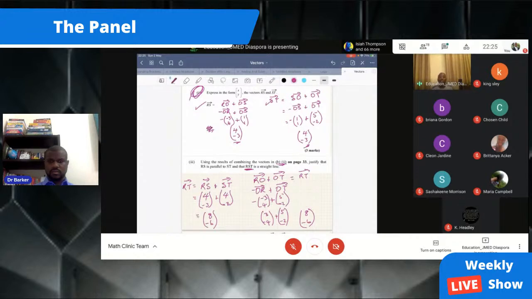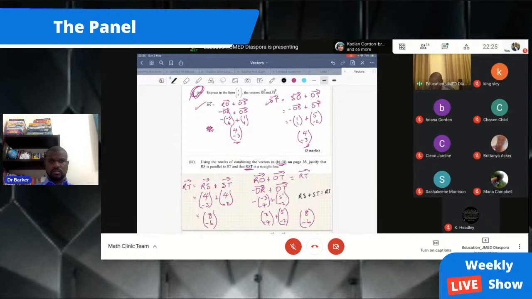But the important thing is not just this. It is stating the collinearity. And the collinearity is saying to us that we want to say that the line segment RS, I'm going to write this in a different color, RS plus ST is equal to RT.